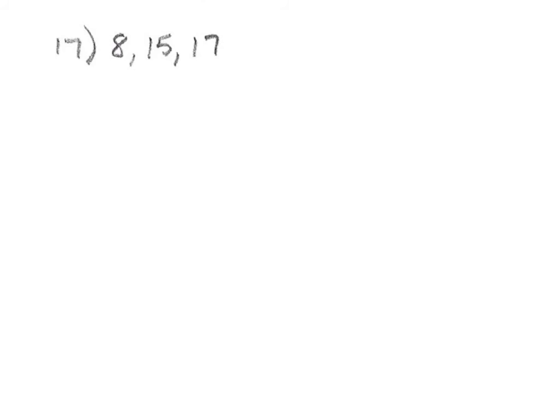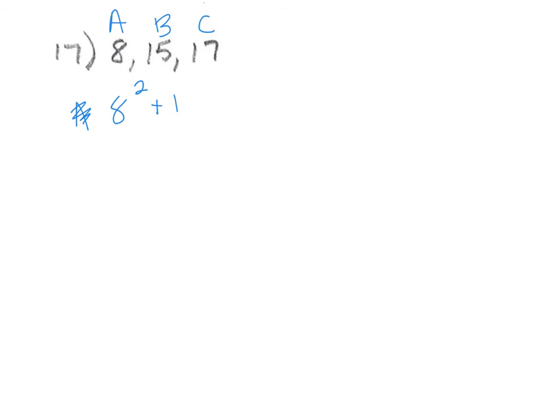On number 17, we're doing the same thing. My two shorter sides are a and b, and my longest side, the hypotenuse, is c. So I'll have a squared, which is going to be 8 squared plus 15 squared has to equal 17 squared. 8 squared is 64.